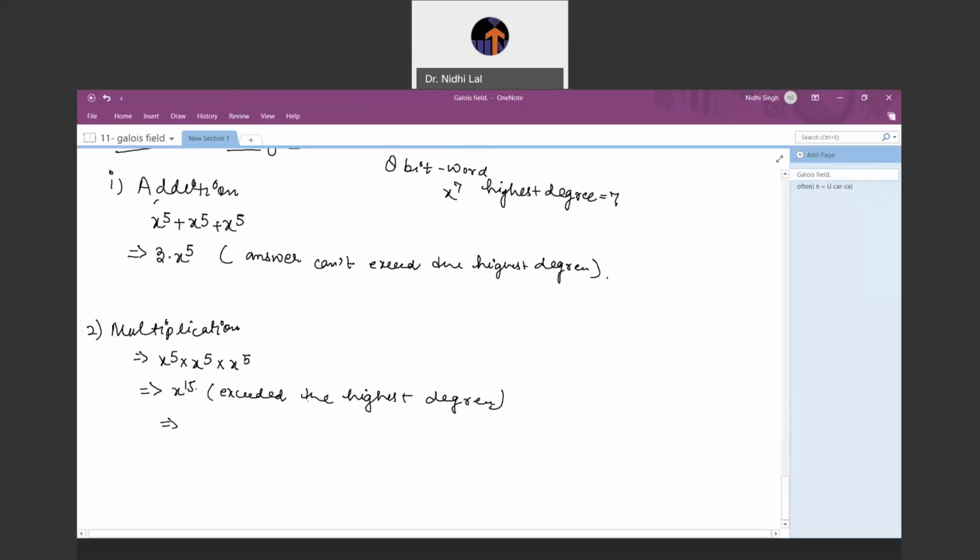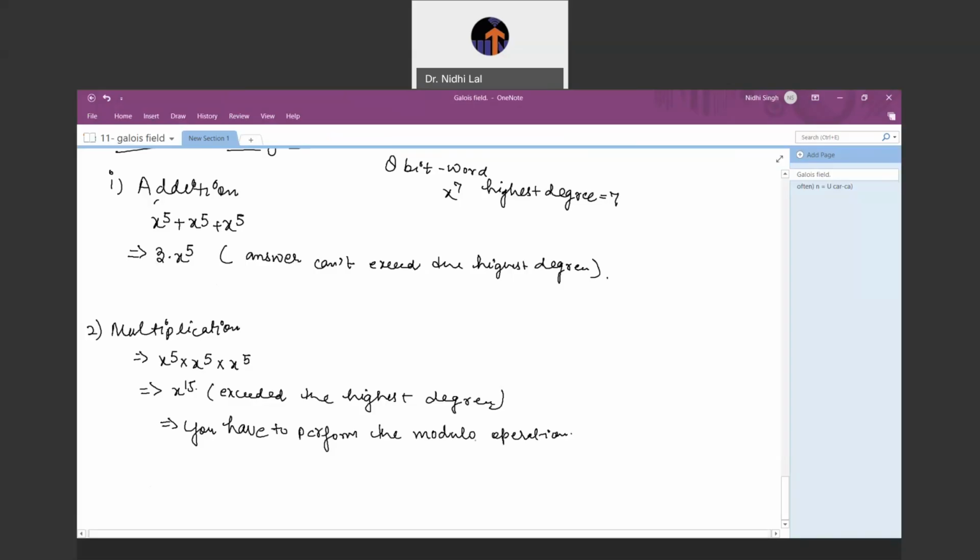Means in order to cope with this, you have to perform the mod operation over the multiplication between the polynomial values.